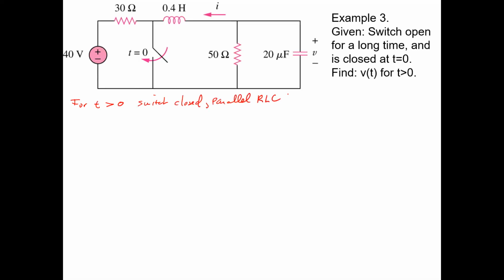If you think it's a series circuit, you're going to use the series formulas, which aren't going to be correct. For a parallel RLC circuit, alpha equals 1 over 2RC. That's different than it is for series. And that's going to equal 1 over 2 times 50 times 20 microfarads, 20 times 10 to the minus 6. So that is going to equal 500.